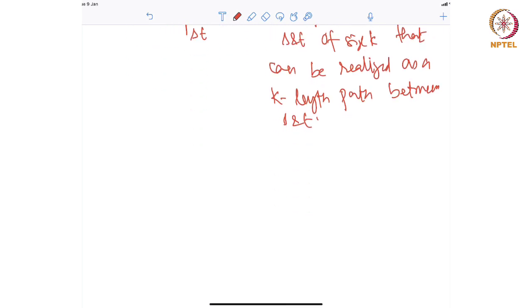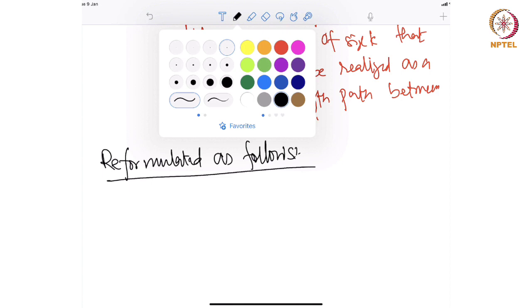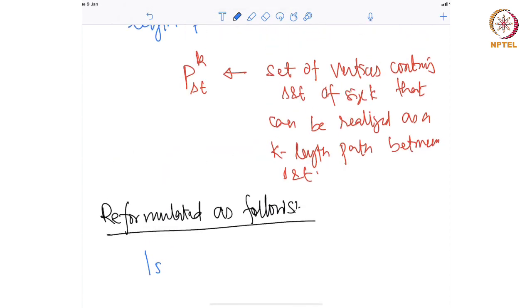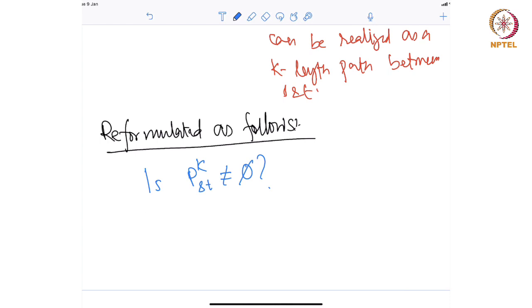Our question can be reformulated as follows. If it is non-empty, then we know that there is a path from S to T. Fine.